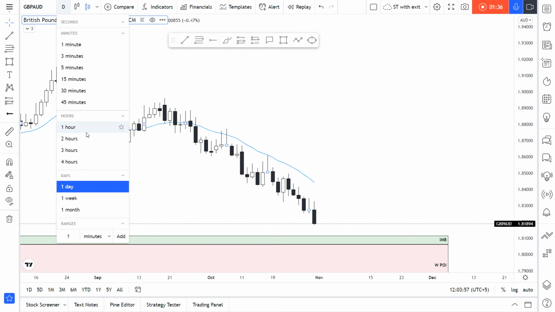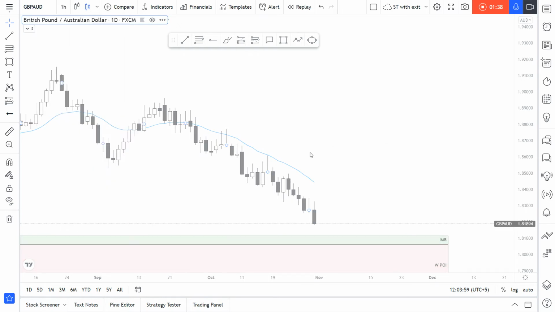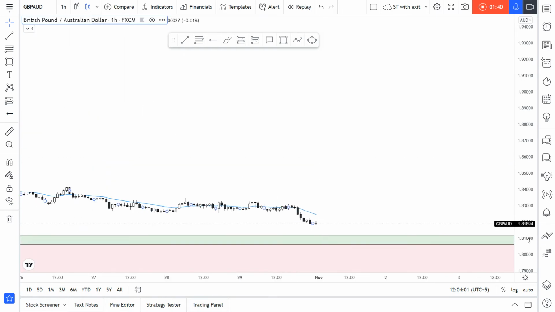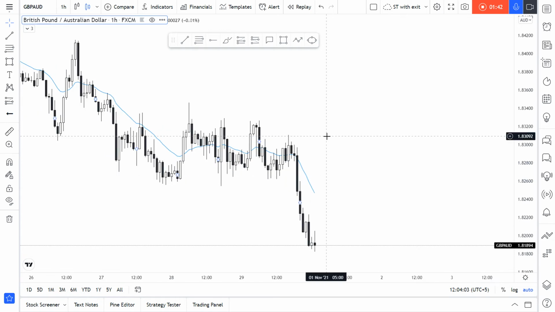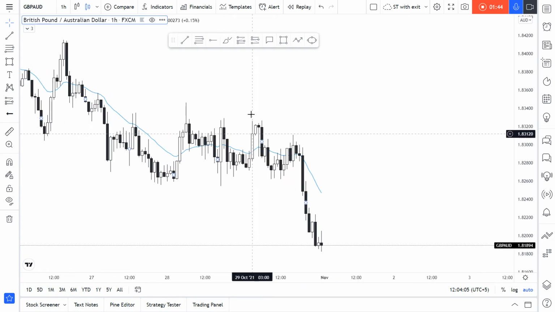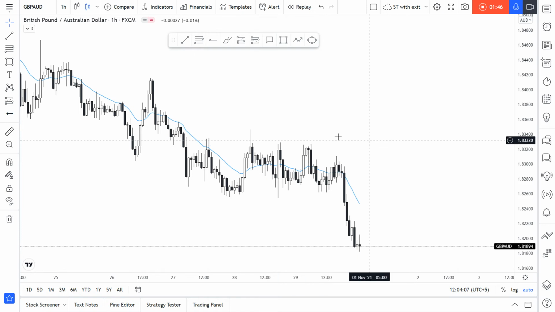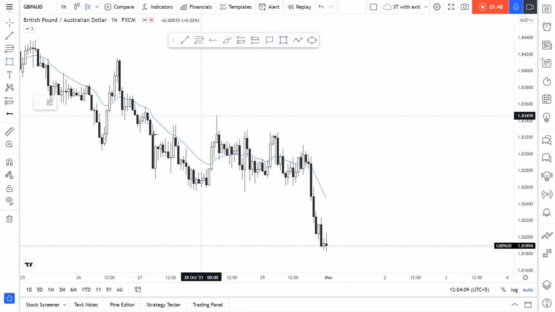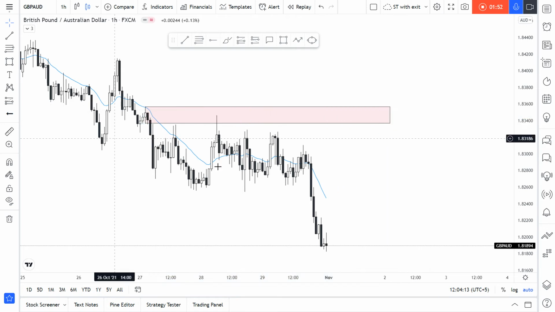We can go to the lower time frames, for example the 1 hour time frame. Last week, if you see my TradingView account, you can see that I had this call for a sell here or here.